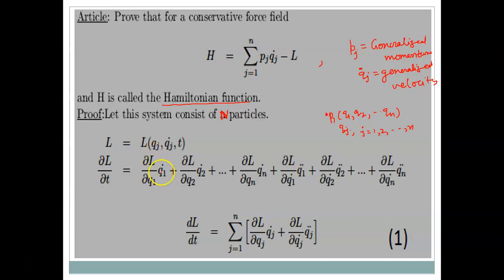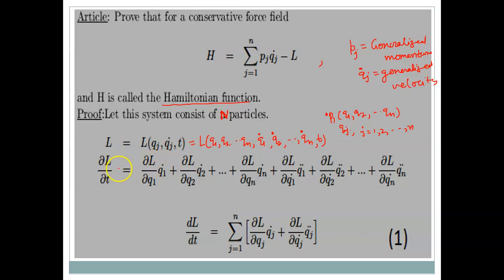In fact, there are not only three variables: there are q1, q2 and so on up to qn. These are the generalized coordinates. Then q1 dot, q2 dot and so on up to qn dot, and then t.